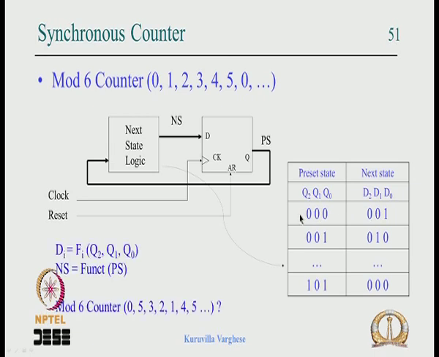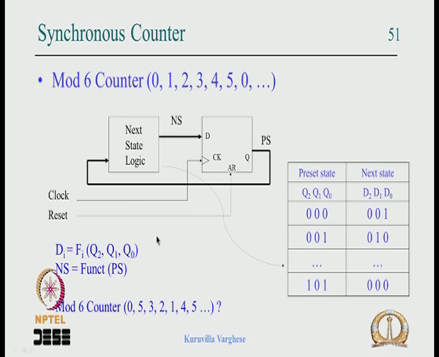So let us write that. I say Di is Fi of Q2, Q1, Q0, where i is nothing but 2, 1 and 0. So you have D2 is F2 of Q2, Q1, Q0, D1 is F1 of Q2, Q1, Q0, D0 is F0 of Q2, Q1, Q0. So you get 3 equations that can be implemented.